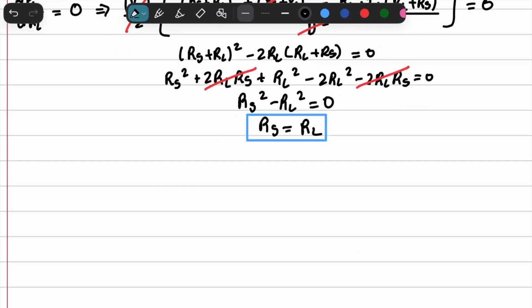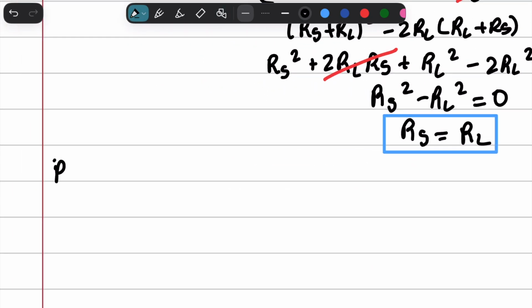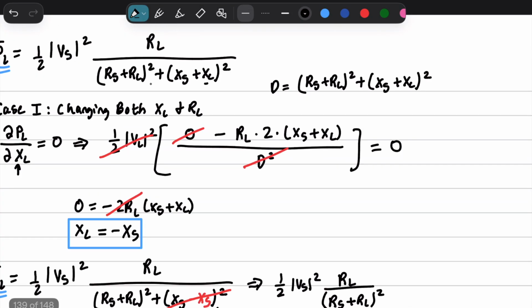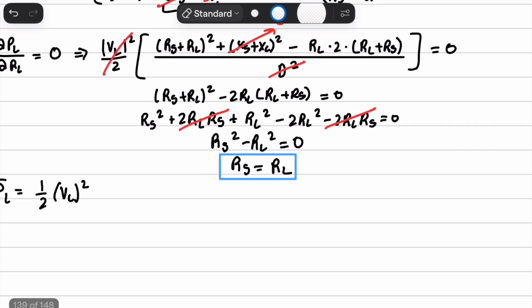So our final maximum power formula is going to look like this: 1/2 VL squared multiplied by this right here, but with the simplifications.